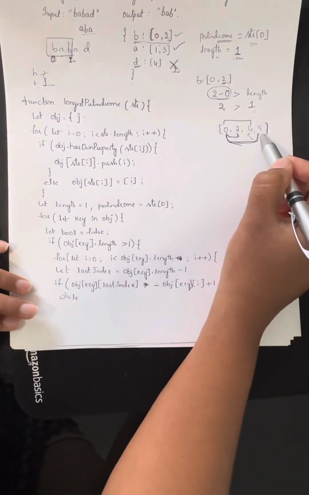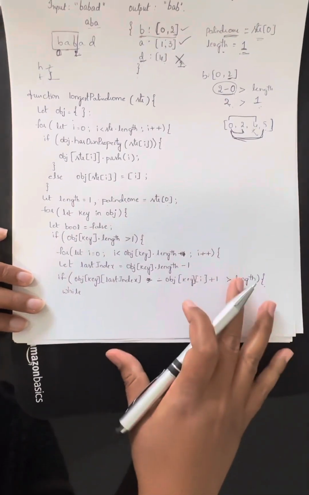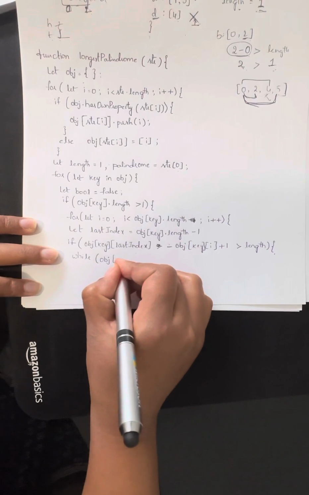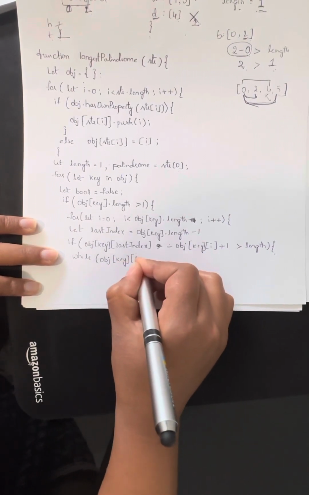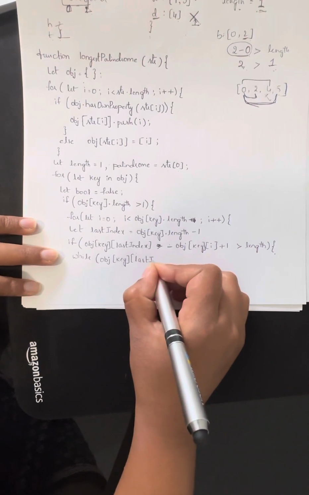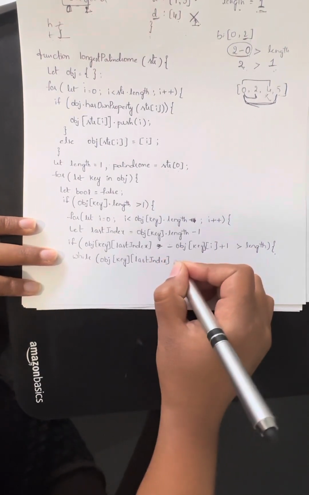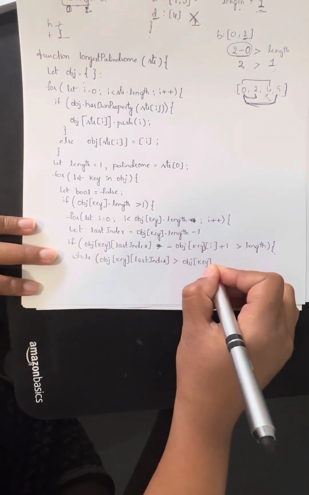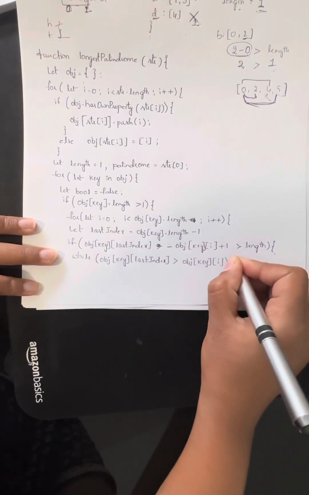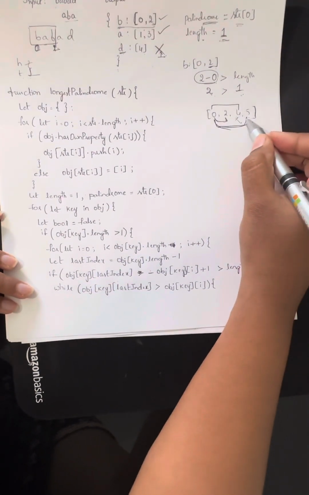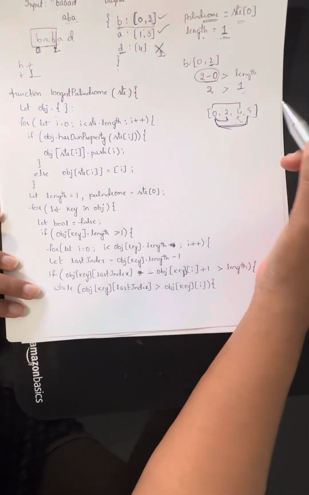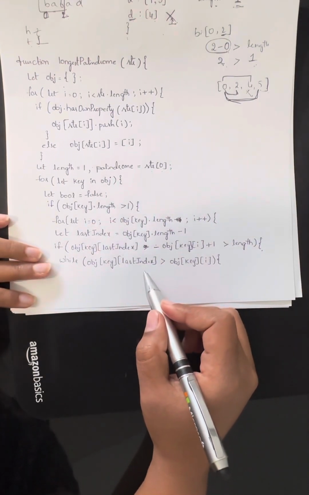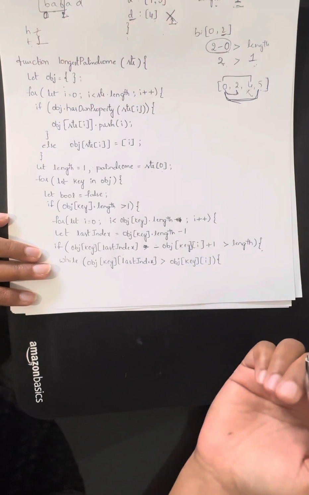So for that reason, to decrement this last index, I'm using the while loop. Object of key of last index greater than object of key. So here I'll be decrementing the last index, right? So that is why I'm using this terminating condition in the while loop, where I'll check if the last index is greater than the current index.